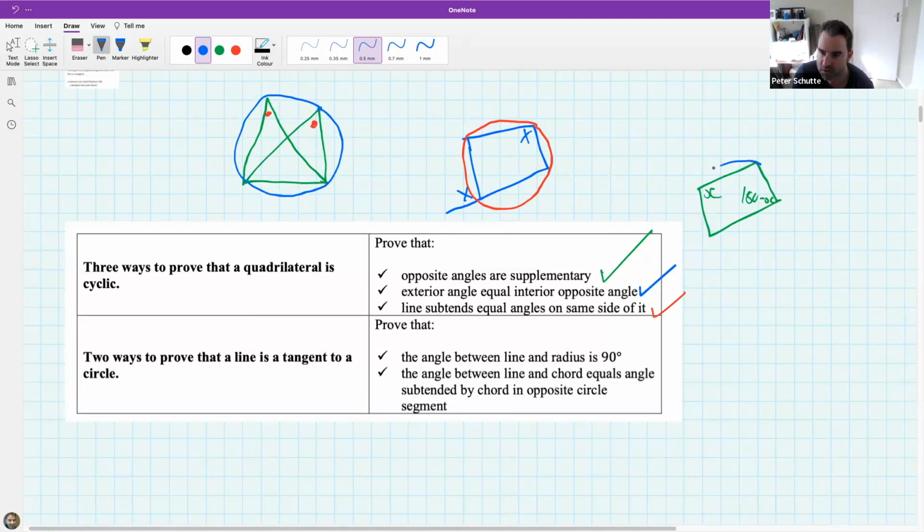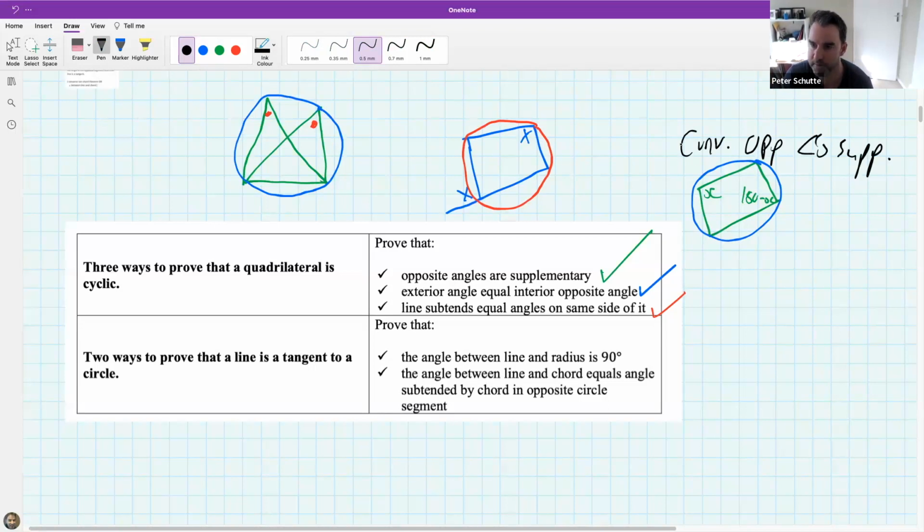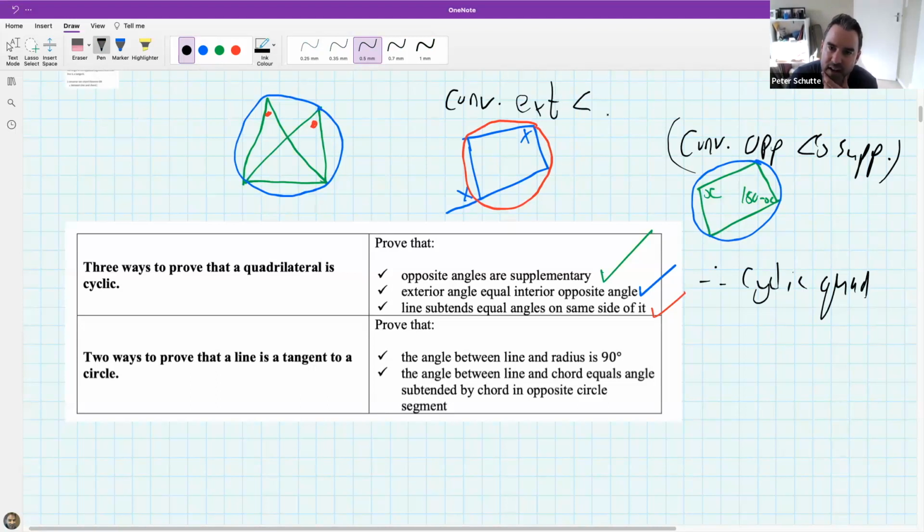So let me actually do this here. These are the 3 converses. This one over here would be converse opposite angles supplementary, because you're showing the opposite angles are supplementary, therefore it's a cyclic quad. Then for this one, it's going to be converse exterior angle cyclic quad.